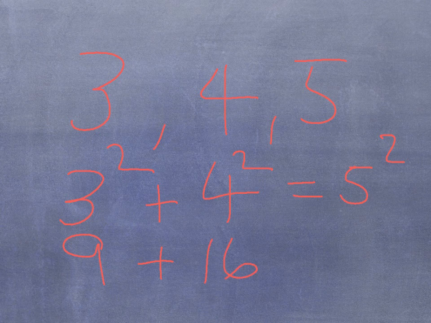Let's see if 3, 4, 5 satisfy Pythagoras' equation. 3 squared plus 4 squared, does it equal 5 squared? 9 plus 16 does indeed give 25. So we can call 3, 4, 5 a Pythagorean triad, or triple, because it satisfies Pythagoras' equation.